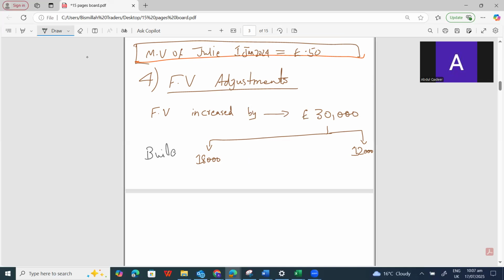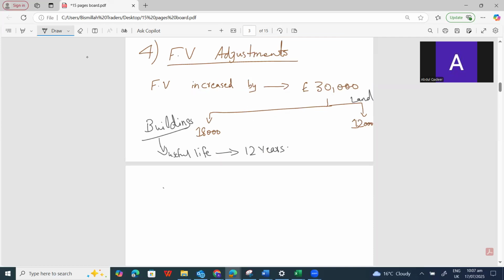This 18,000 belongs to buildings, and the other is the land portion that is non-depreciable. We know that the useful life of the building is 12 years. Now we calculate the depreciation for the building: 18,000 divided by 12 is equal to 1,500 per year.